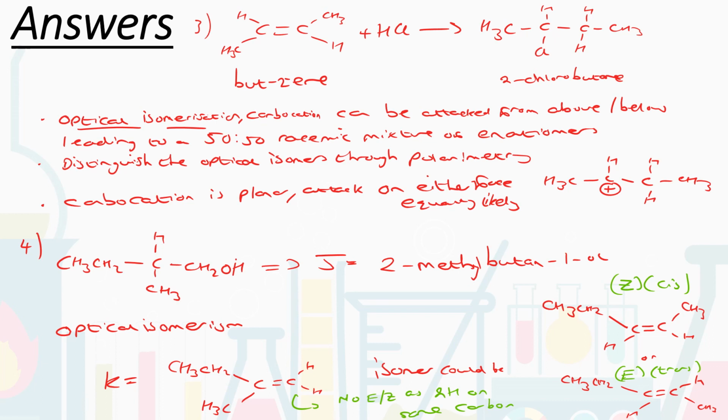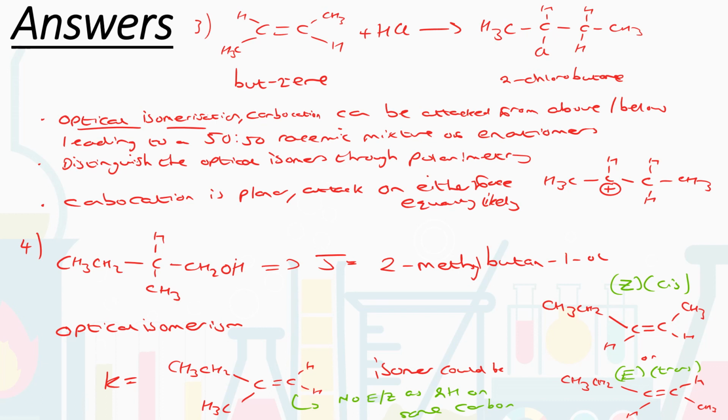I haven't written it on, but this is technically the E isomer, the butene, our 2 heaviest groups, the 2 methyl groups, are on opposite sides of the double bond, so it's the E isomer, E-butene. That's our EZ isomerism. The other form of stereoisomerism is our optical isomerism, where we have 4 different groups attached to a carbon. And we have this on this alcohol because we have a hydrogen, an ethyl group, a methyl group, and then our CH2OH group.